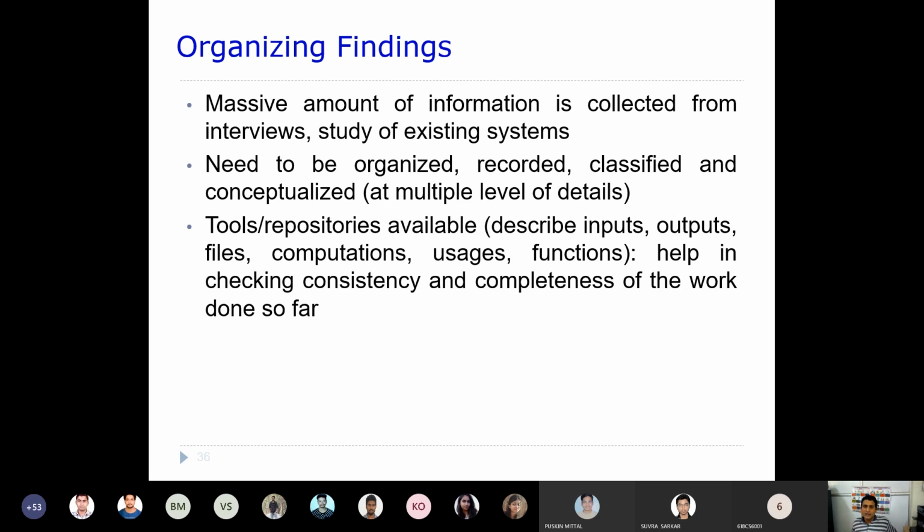And you need to discuss how you are going to store this data, what the input and output files are, what computations are really required, and how you are going to use them, because all this helps you in finding out the consistency and completeness of the work done so far.